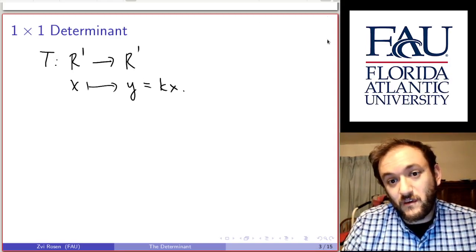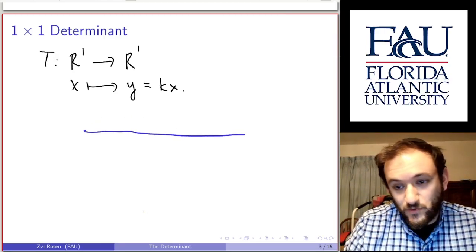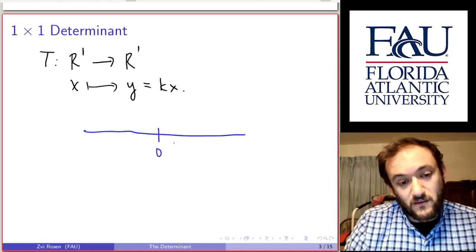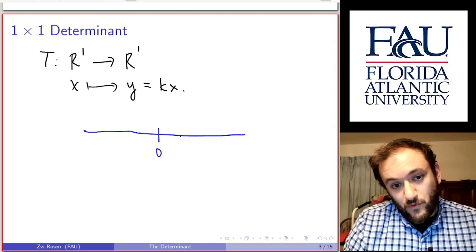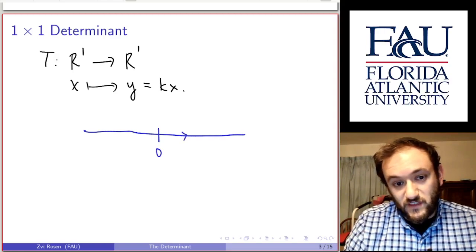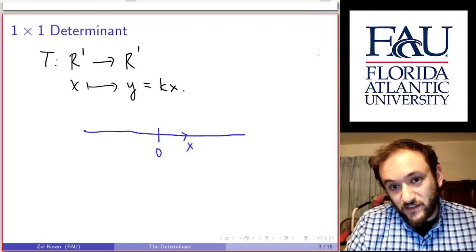And you can visualize this as living on a line, the real number line. This is the origin, and the way this map is going to work is you're going to feed it some vector x, and then the result is going to be some vector y.